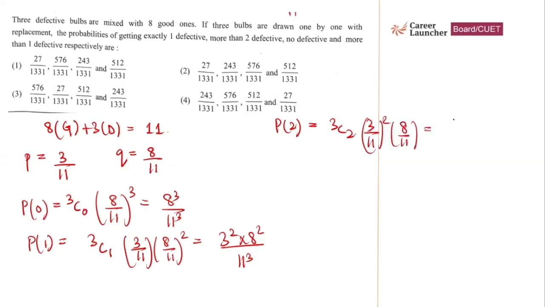So it will be 3 cube into 8 upon 11 cube. And P3 will be 3C3, it means 1, so 3 cube upon 11. Now they are asking me the probability of getting exactly one defective. It means P1. So 9 into 64 is 576. So your option number 3 is the correct answer.